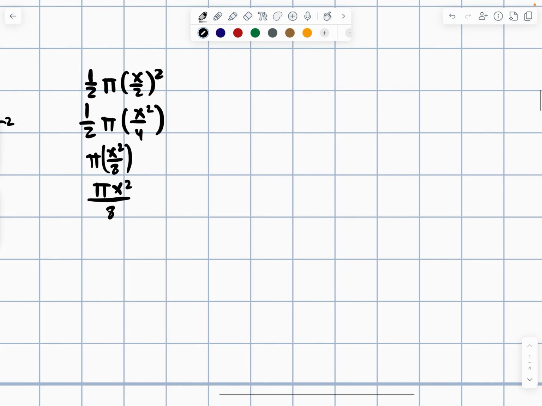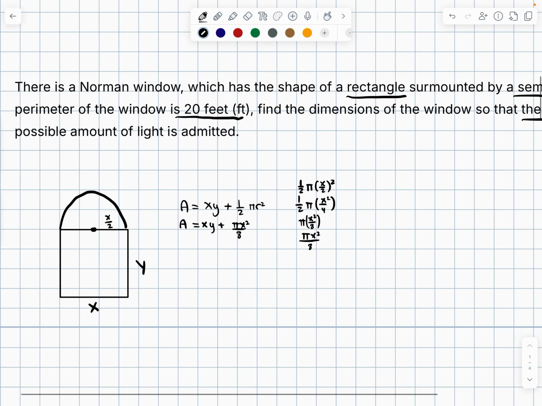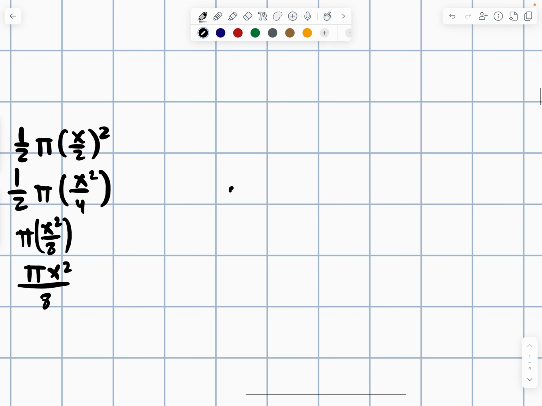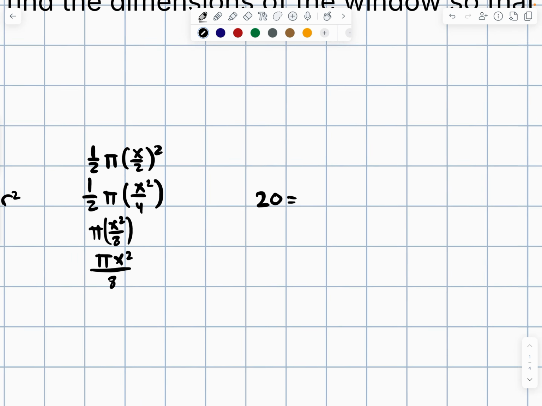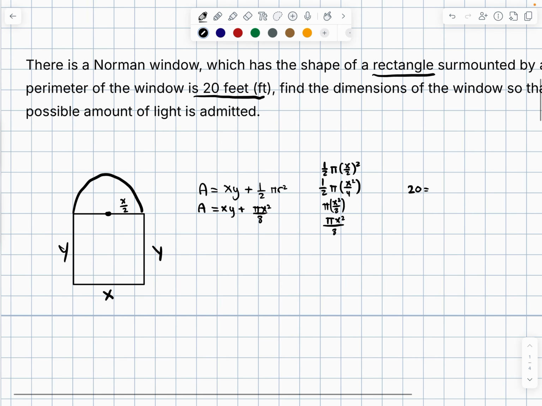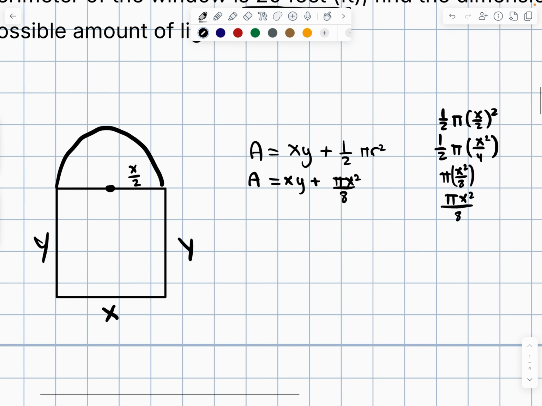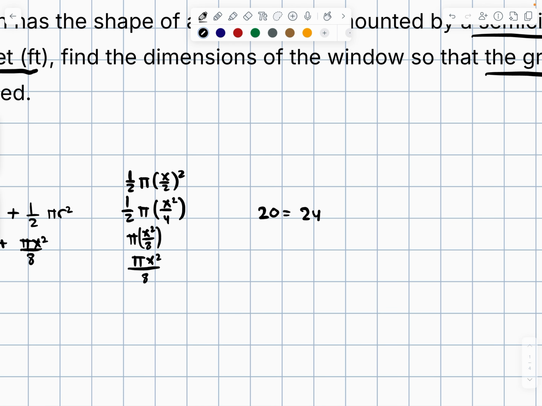Now we're going to figure out our perimeter formula. We know that the entire perimeter is 20, so we're going to have 20 equal to, and then we have two sides that are y, and then we're going to figure out the semicircle side, plus x. So 2y plus x is what we have so far.